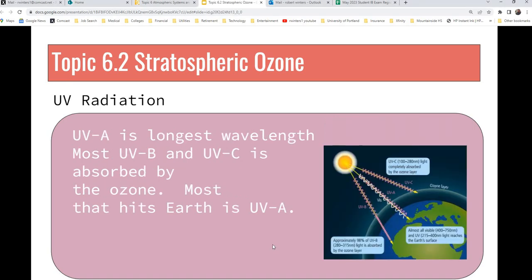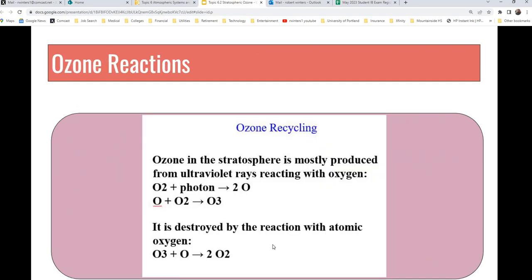Let's take a look at the next slide here. Now, the interesting thing about ozone is that if you just leave it alone, it not only absorbs UV radiation, but it keeps recycling itself and replenishing. So here's pretty much how it goes. Ozone in the stratosphere is mostly produced because of UV radiation.